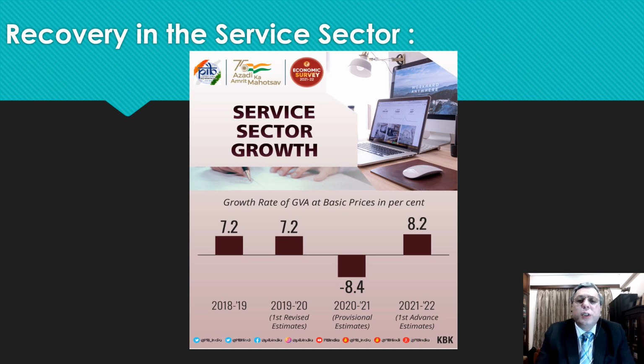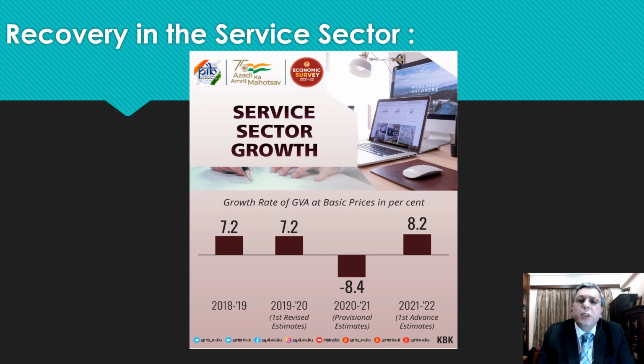We saw it was a strong performer in 2018-19, but in 2019-20 it fell off, largely because the contact intensive industries saw a very sharp contraction due to the lockdowns because of COVID. The entire tourism industry, travel, transportation, hotels, dining, the retail shopping, all these industries took a severe knock in 2020-21.